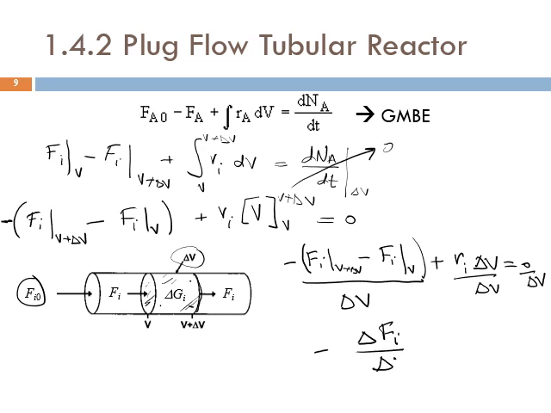Divided by delta V plus Ri equals 0. And now, let me put the negative closer. And now I'll take the limit, where delta V approaches 0.